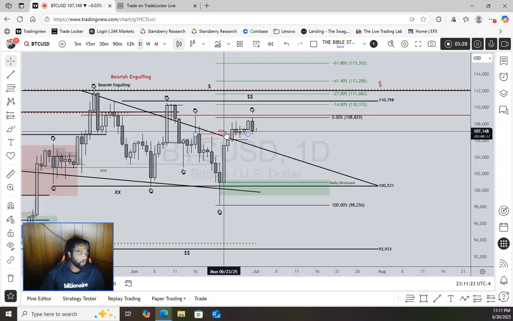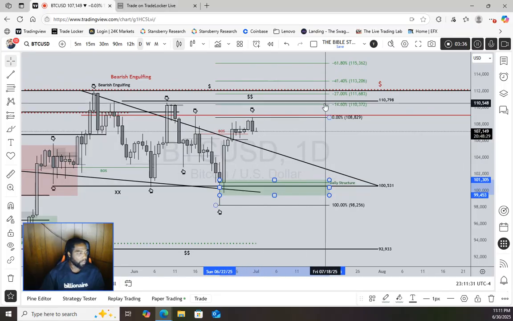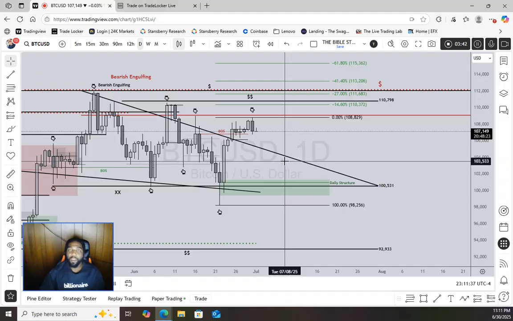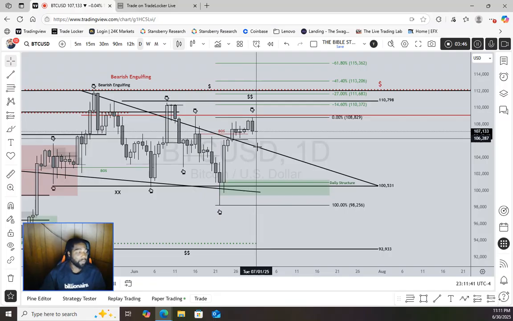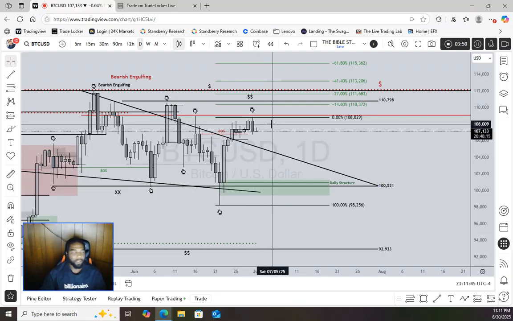We encountered this breaker structure here. We can encounter a retracement. This is the snipe zone of this move, and then take profit levels. Now we got this swing to swing, and now we got this swing to swing. We got this bearish engulfing, so now we know price on the daily time frame is in the retracement phase.